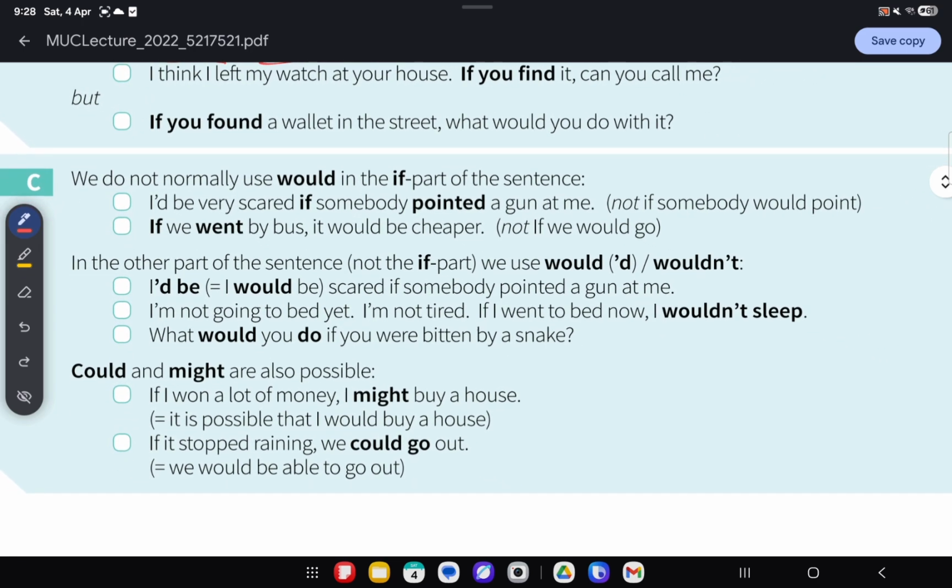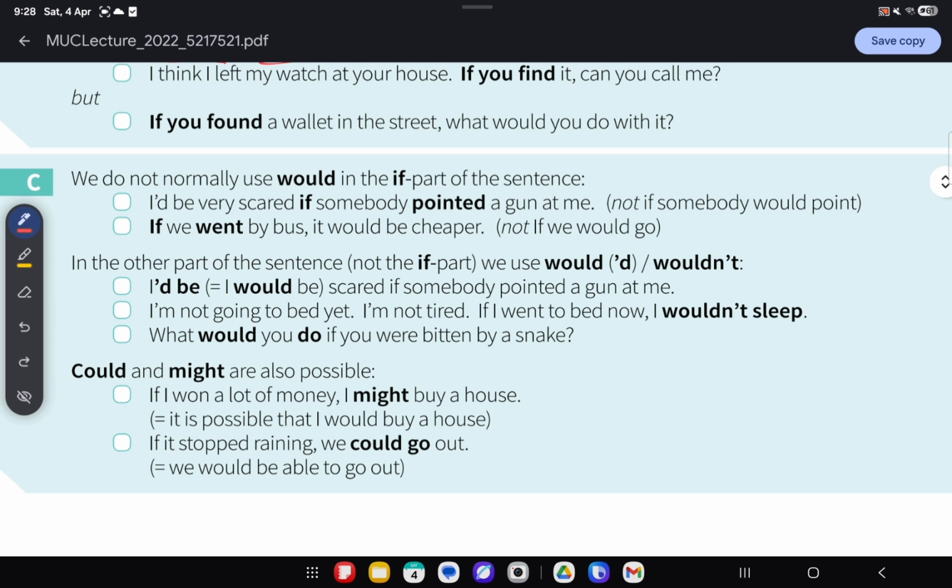I would be scared if somebody pointed a gun at me, not if somebody would point. If we went by bus, it would be cheaper, not if we would go. In the other part of the sentence, not the if part, we use would.